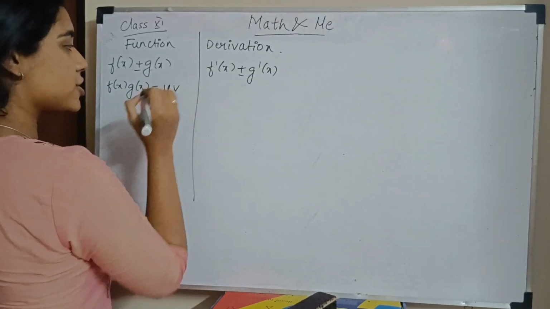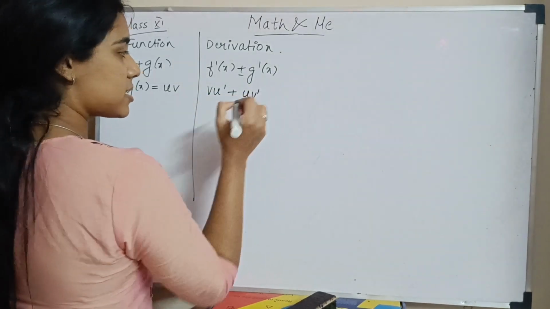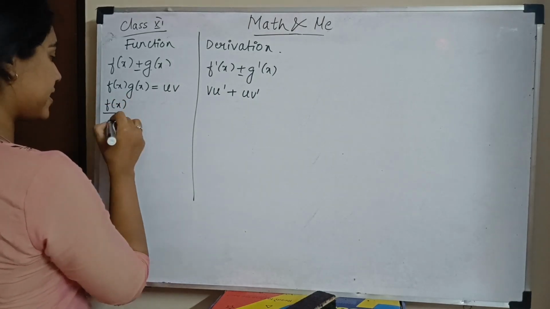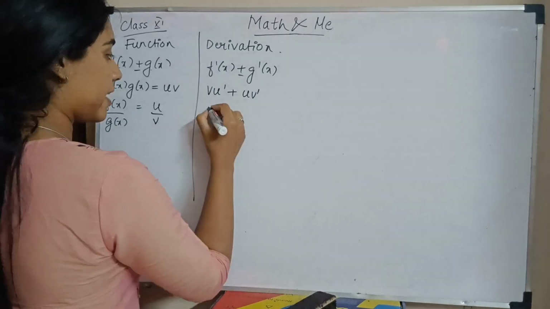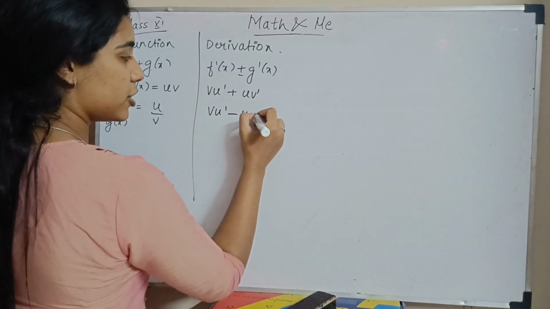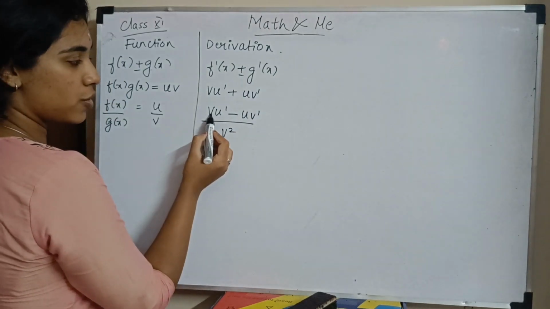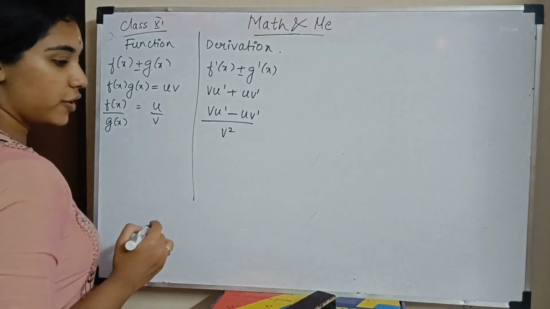I am writing this as u times v. Then what happens? vu dash plus uv dash. When it's f of x divided by g of x, which is nothing but u by v, we have vu dash minus uv dash divided by v square. Okay, v always comes first with no derivative, the function itself. So this is for division.